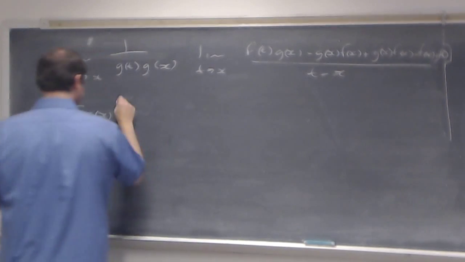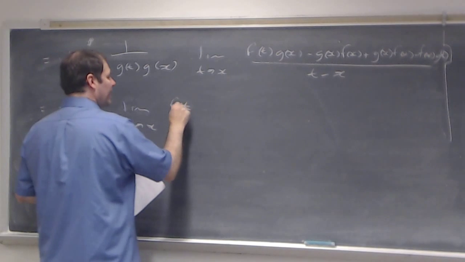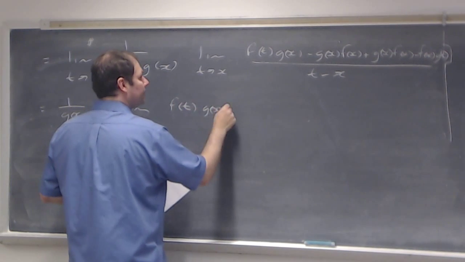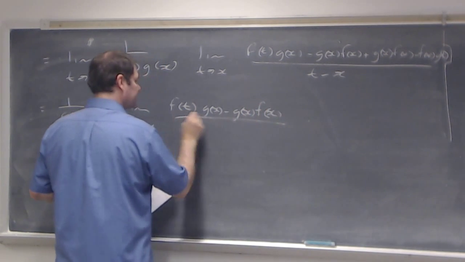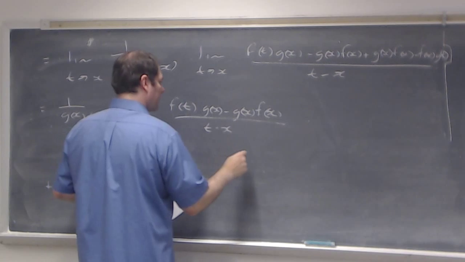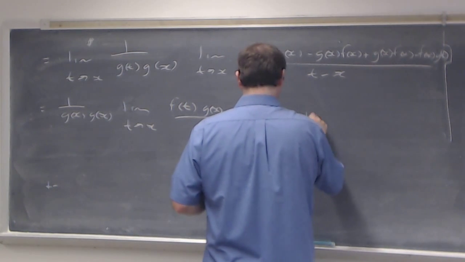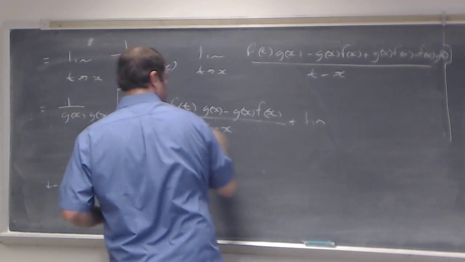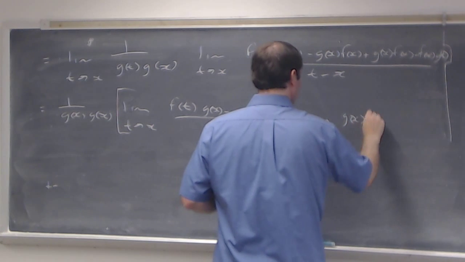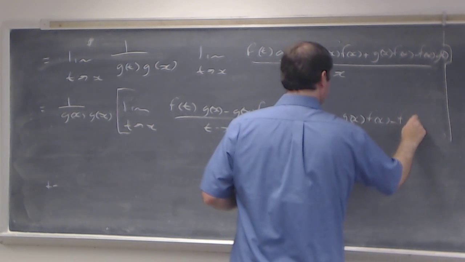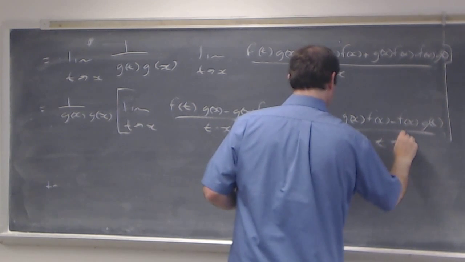So we'll break this up into the limit as t goes to x of f of t, g of x, minus g of x, f of x, all over t minus x, and then plus the limit as t goes to x of g of x, f of x, minus f of x, g of t, all over t minus x.